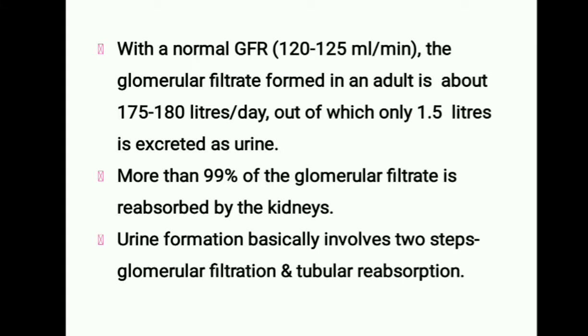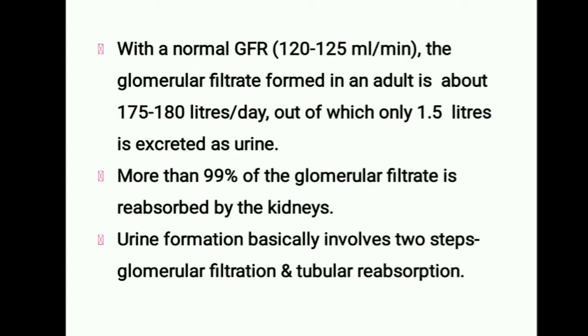With a normal GFR, that is 120 to 125 ml per minute, the filtrate formed in an adult is about 175 to 180 liters per day, out of which only 1.5 liters is excreted as urine. More than 99% of the filtrate is reabsorbed by the kidney.